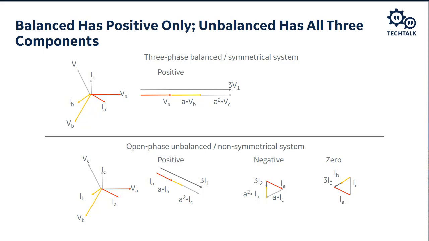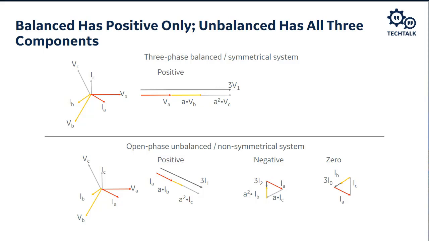Likewise with the negative and 0 sequence, let's look at the 0 sequence first on the far right. If I take IA, it's sitting down there at minus 30 degrees or so, and I superimpose IC on the end of it, it brings me up to where the yellow vector starts, and that would be IB.